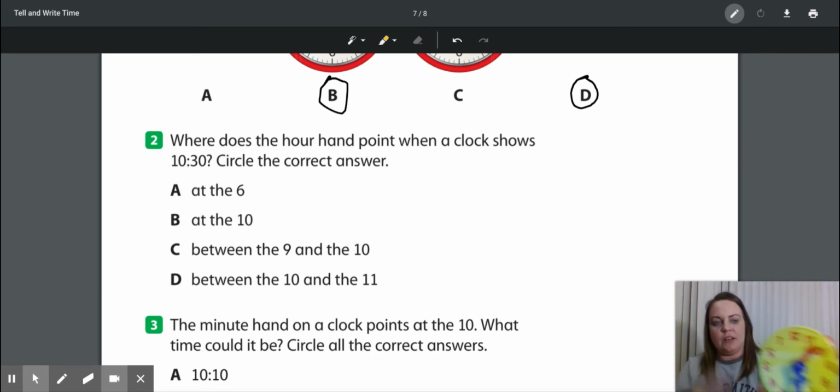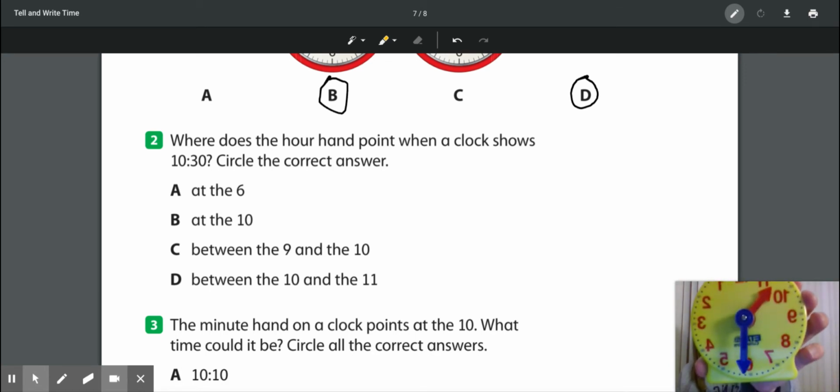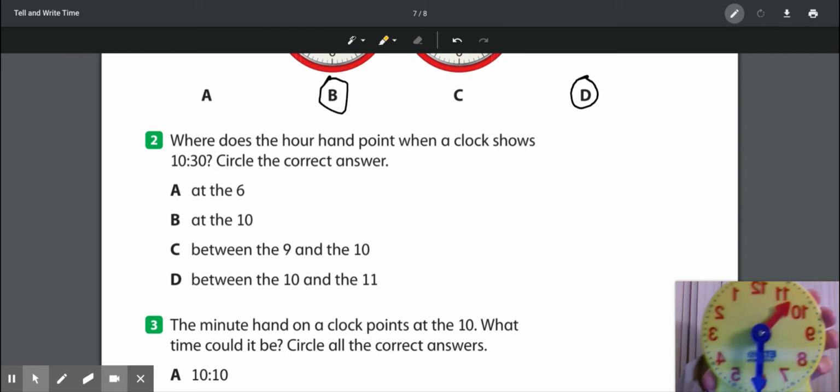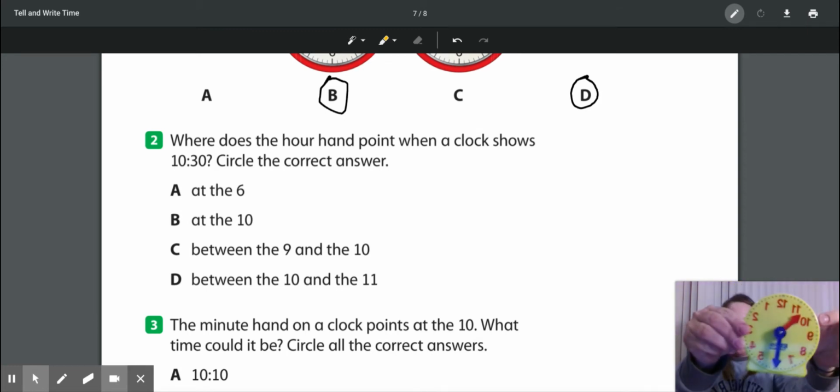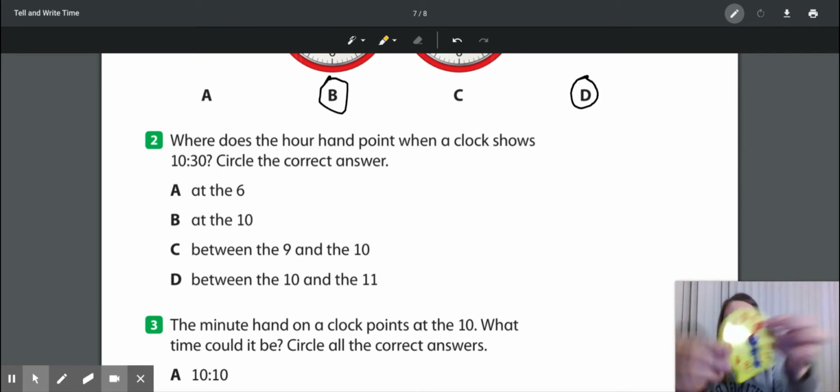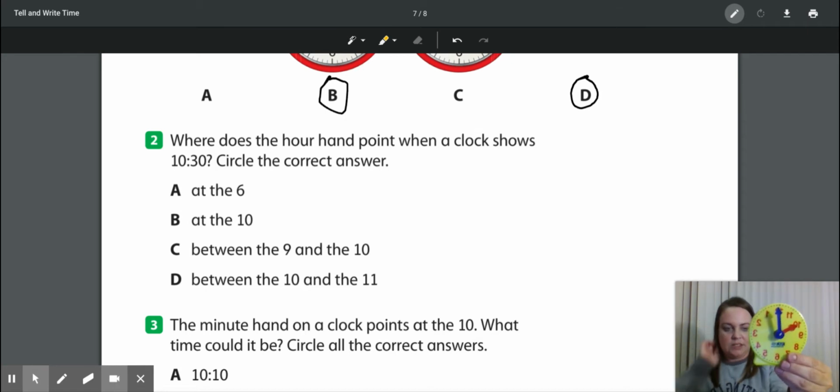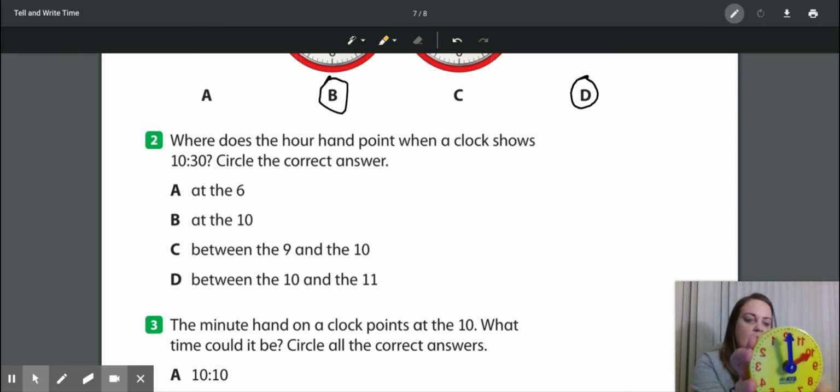So this clock right here shows 10:30. Notice how the hour hand is not right on that 10. The only time it's going to be right on the number is when the minute hand is straight up and down. So like if it's 10 o'clock or 11 o'clock or 12 o'clock, that's the only time that hour hand is going to be right on the number. Otherwise, it's going to be between numbers.